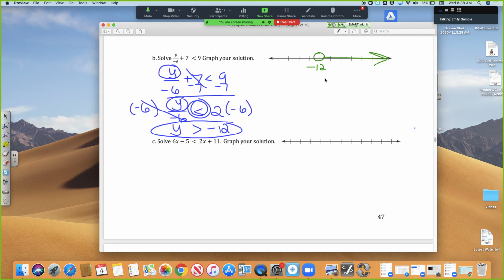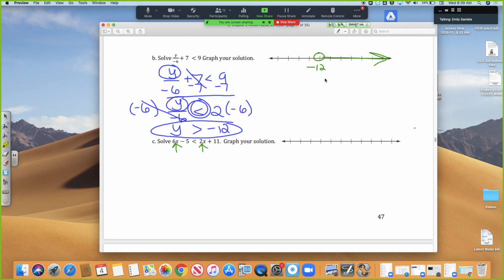And then the last problem on this page is different than the first two because we have variables on both sides. So when I go to solve this problem, I see 6x minus 5 is less than 2x plus 11. So because I have variables on both sides, right here, and right here, the first thing I want to do is move them all so that they are on one side.